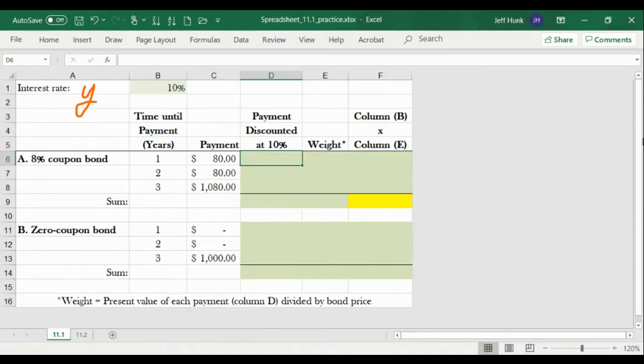We'll have to, right? Because what's the formula? I will write the formula somewhere here.